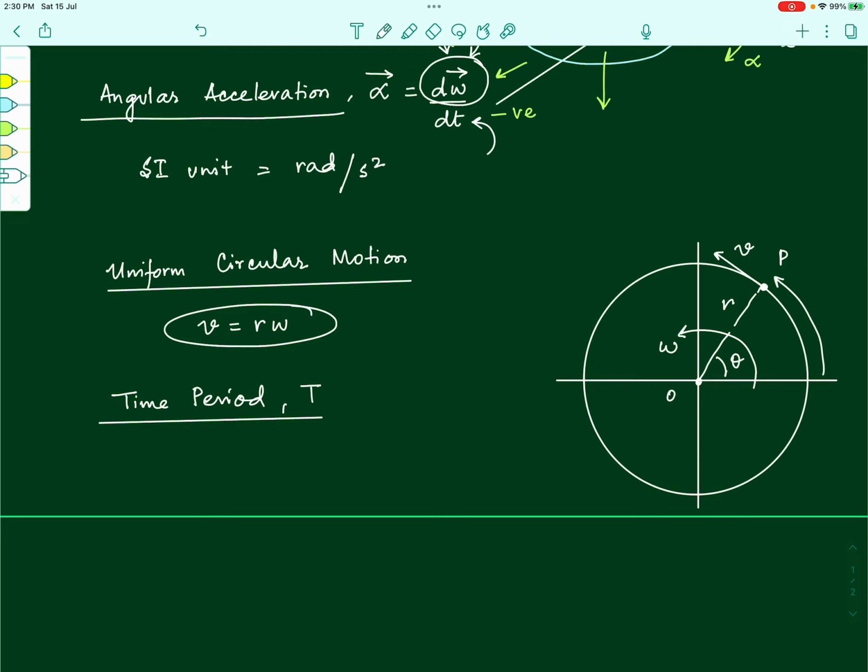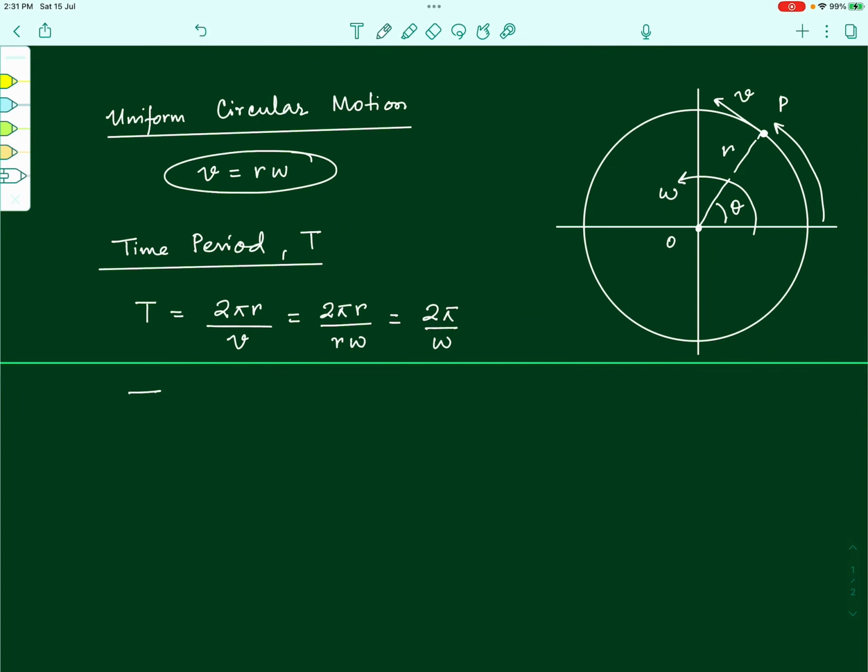So, by definition, the time period T should be the total distance travelled over one full circle, which is nothing but 2 pi r, the length of the circumference, divided by the speed with which it is covered, v. Now, we can refine this answer: 2 pi r divided by v can be written as 2 pi r divided by r omega. And we see that r cancels out to give us T is equal to 2 pi by omega.